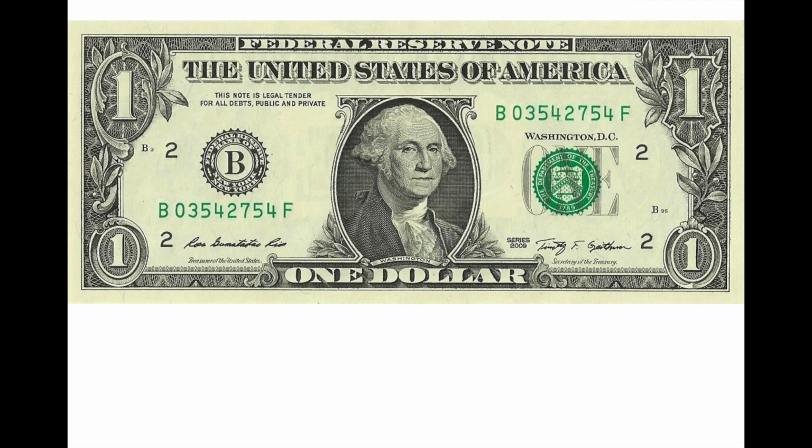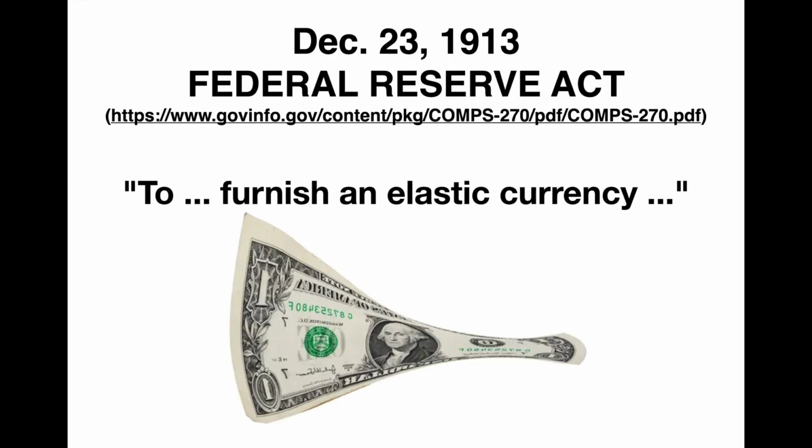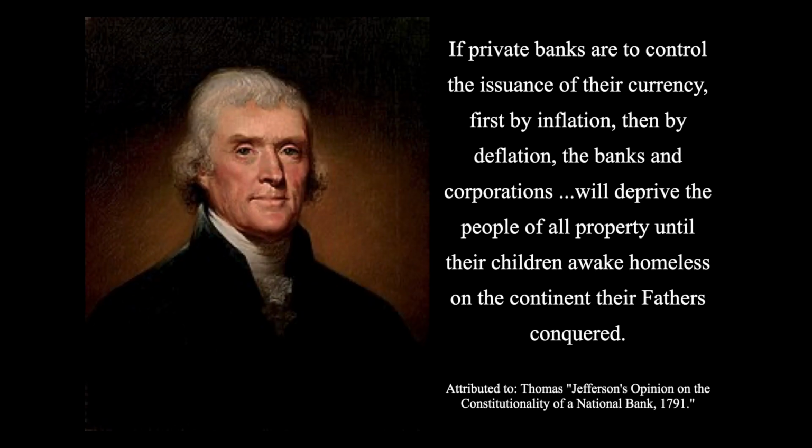Pretty soon, we're going to have a dollar of nothing. And that's because the Federal Reserve Act was an act to furnish an elastic currency. This would never have been allowed by the Founding Fathers, who recognized that if private banks were to control our money supply, they would deprive the nation of all property until the children will wake homeless on the continent their fathers conquered.